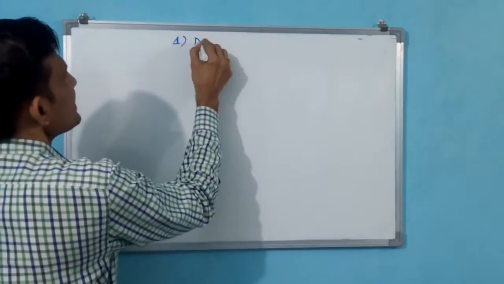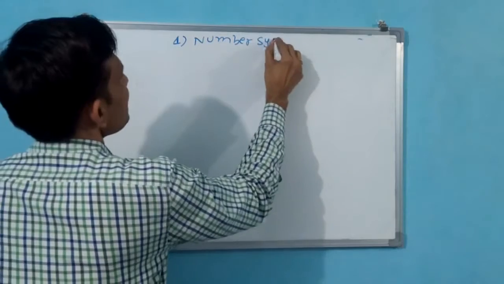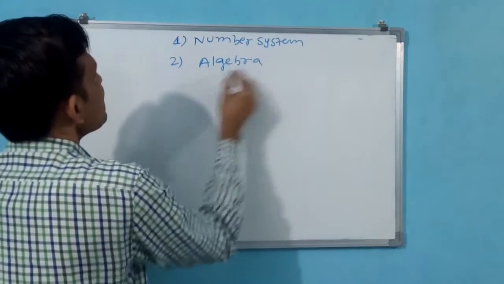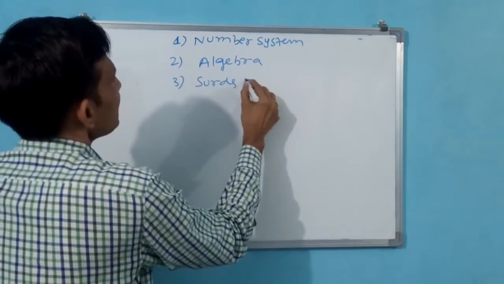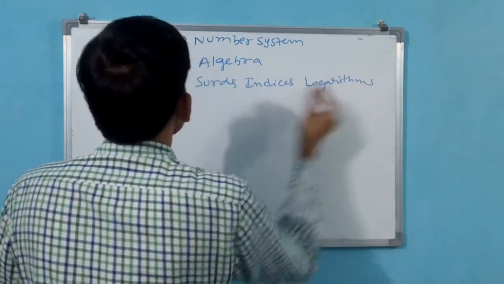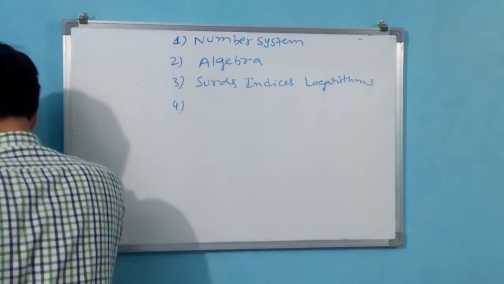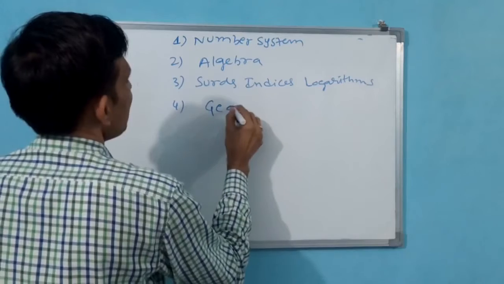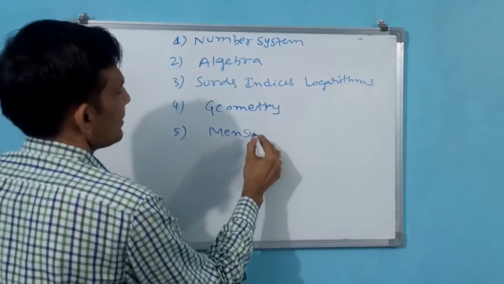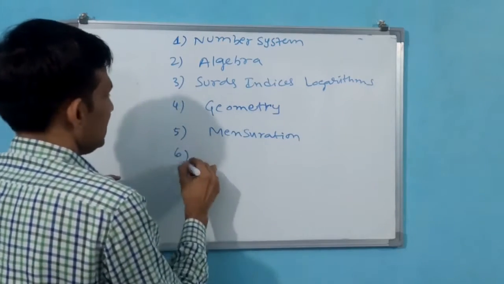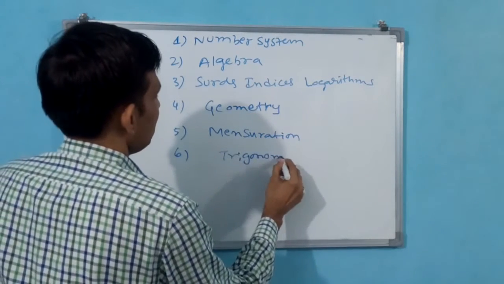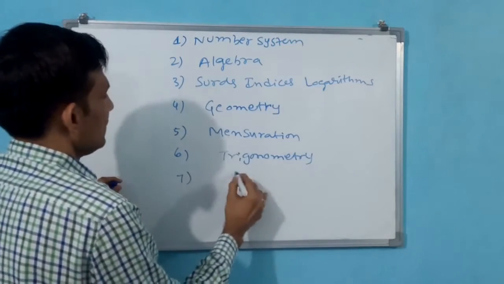Now let us see what basic classes I have made: number system, algebra, surds, indices, logarithms, geometry, mensuration, trigonometry, graphs.